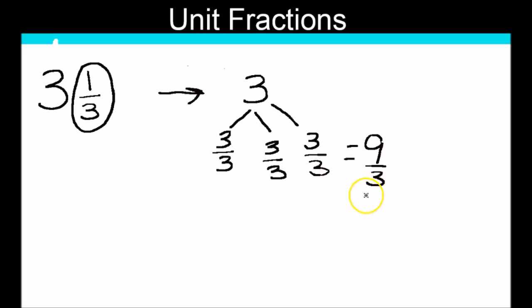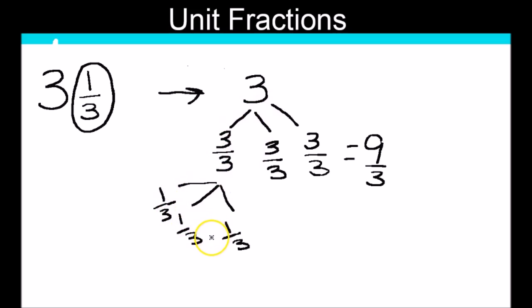So what they can also do is decompose these. If I have 3/3, that means that I have how many unit fractions? So I know that I have 3 1/3 in 1 whole.